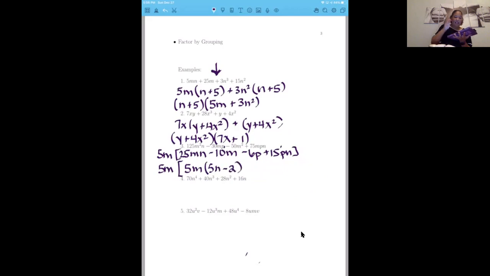Again, I have a negative sign in between the two sets of groupings, so I'm going to factor out a negative, and I have a negative 3p in common. And what I have left is a 2 plus 5n.